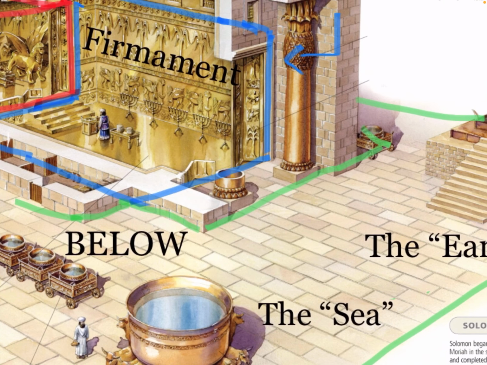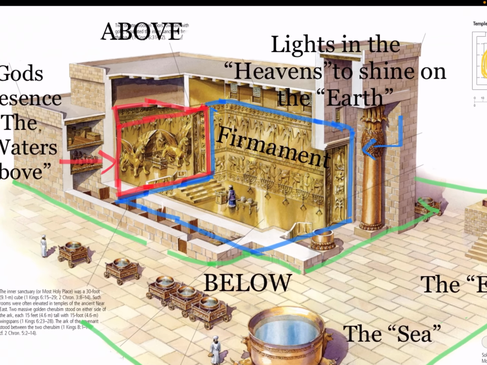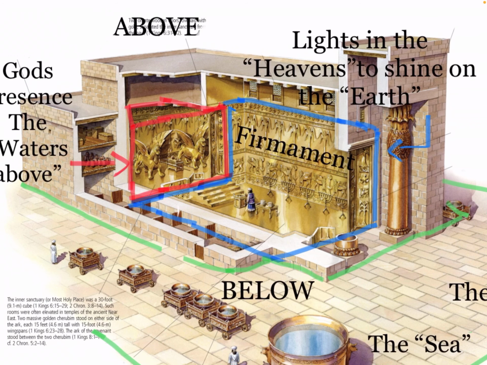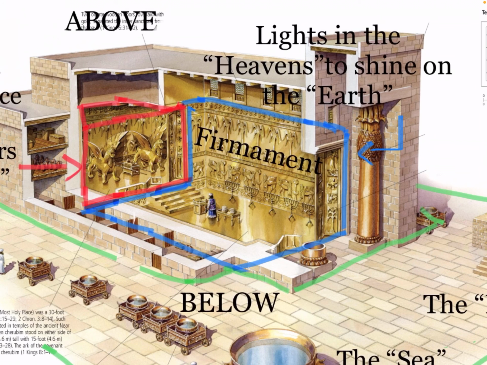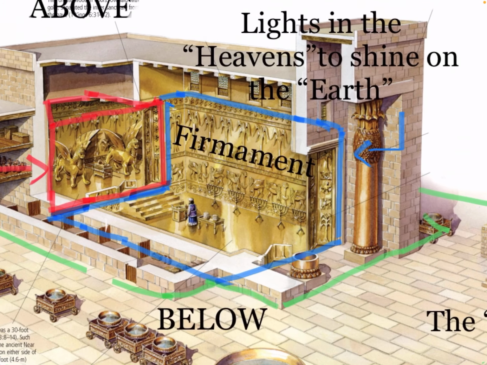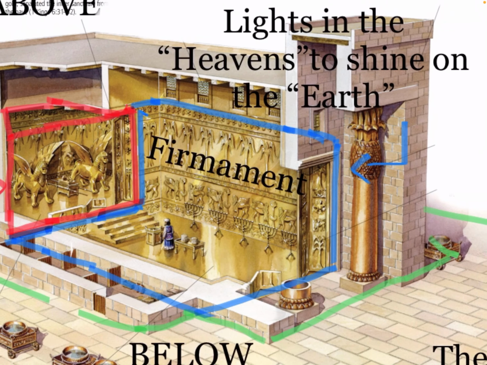They were divided. This below was divided from the above, the heavens, the place where God was. They were not allowed access in. Only the lights that were placed in the firmament could go and shine light on the earth.